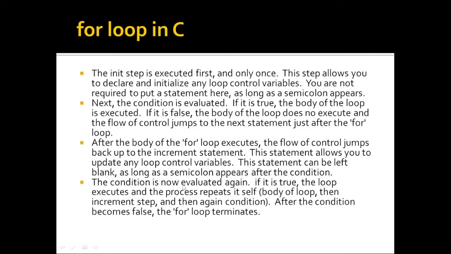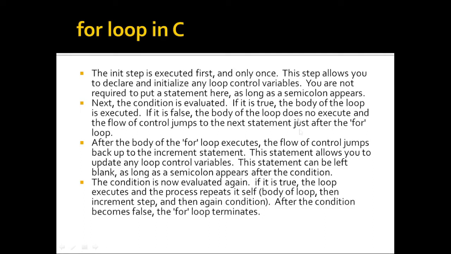The condition is now evaluated again. So after the increment, the condition is again evaluated. If it is true, the loop executes and the process repeats itself. So it will execute the body of the loop, then the increment, and then the condition again. After the condition becomes false, the for loop terminates.